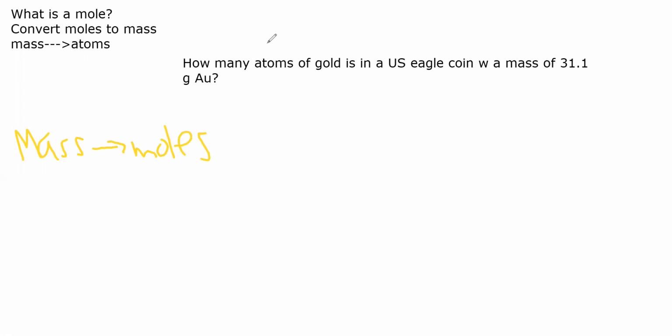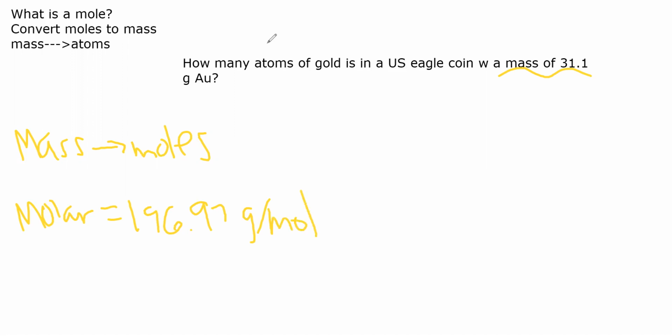I mean, yeah. So first we need to convert mass to moles, and that's what we just did in just reversed order. So we are given the mass is 31.1 grams of gold, and the molar mass we found before is 196.97 grams per mole.